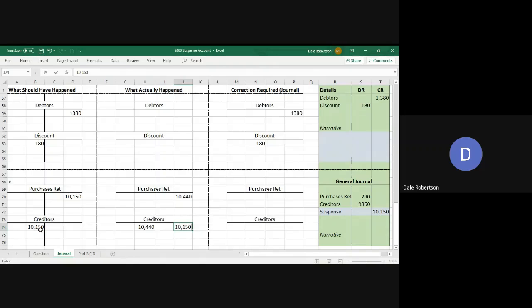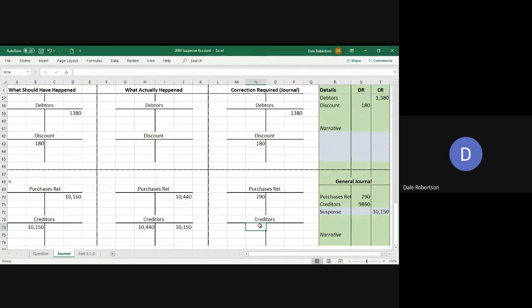This is the way it should look, having been 10,400, but then subsequently being reduced to 10,150. How do we make this middle part look like this? Well, first off, purchase returns needs to be made a little bit smaller. So you need to take away the difference, and that difference is 290. So you put it on the opposite side, 290 here will bring it down to 10,150. So that 290 appears there.